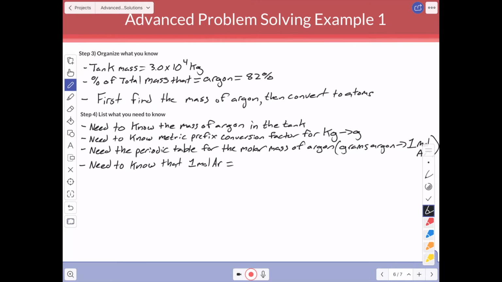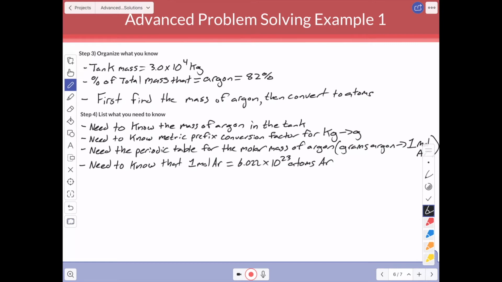Avogadro's number. 6.022 times 10 to the 23rd atoms of argon. These are all the things that I need to know to be successful in my problem. And this is what I meant when I talked about in the former slide how we're going to take all the information that we've learned and put it together in order to form a strategy.